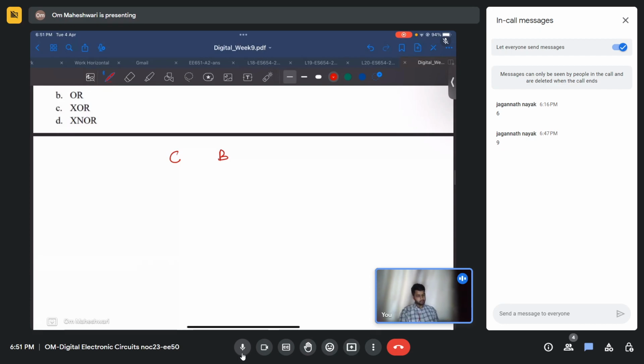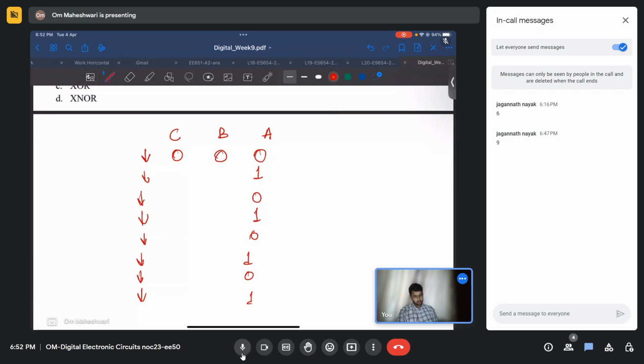If we start with 0, 0, 0, we know A will always flip, because the clock is here. At the negative edge, it will flip. So A will go to 1, then 0, then 1, and this will keep on continuing: 0, 1, 0, 1, across states 0, 1, 2, 3, 4, 5, 6, 7.